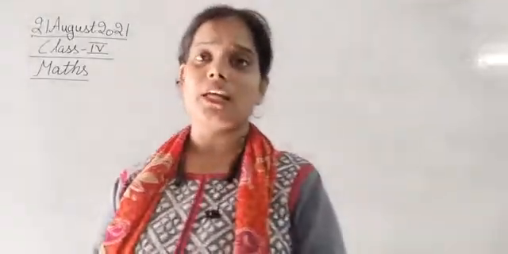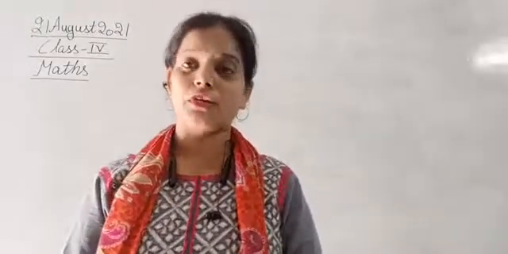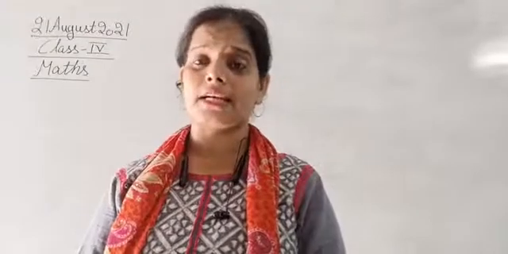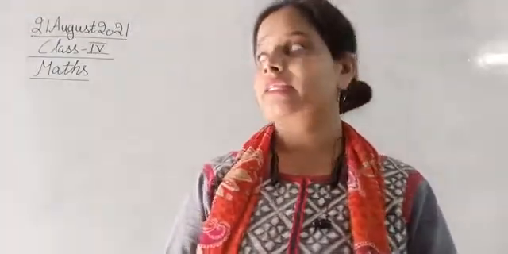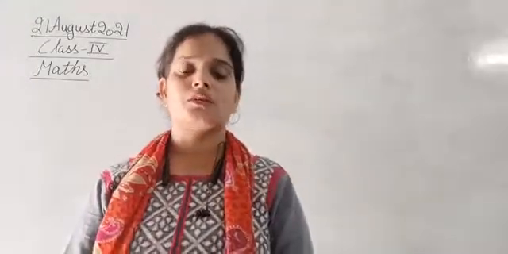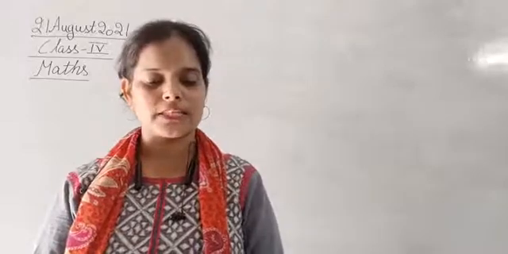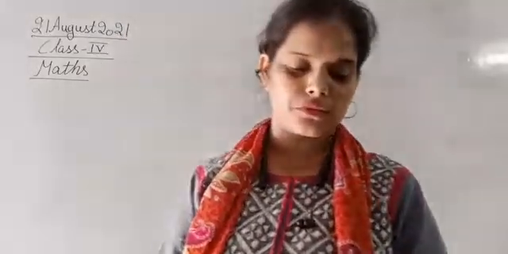So class, in our previous session, as you all know, we were doing exercise 6.6, in which we were discussing the topic that is estimating the quotient. We have already started with exercise 6.6 and done the first three sums.